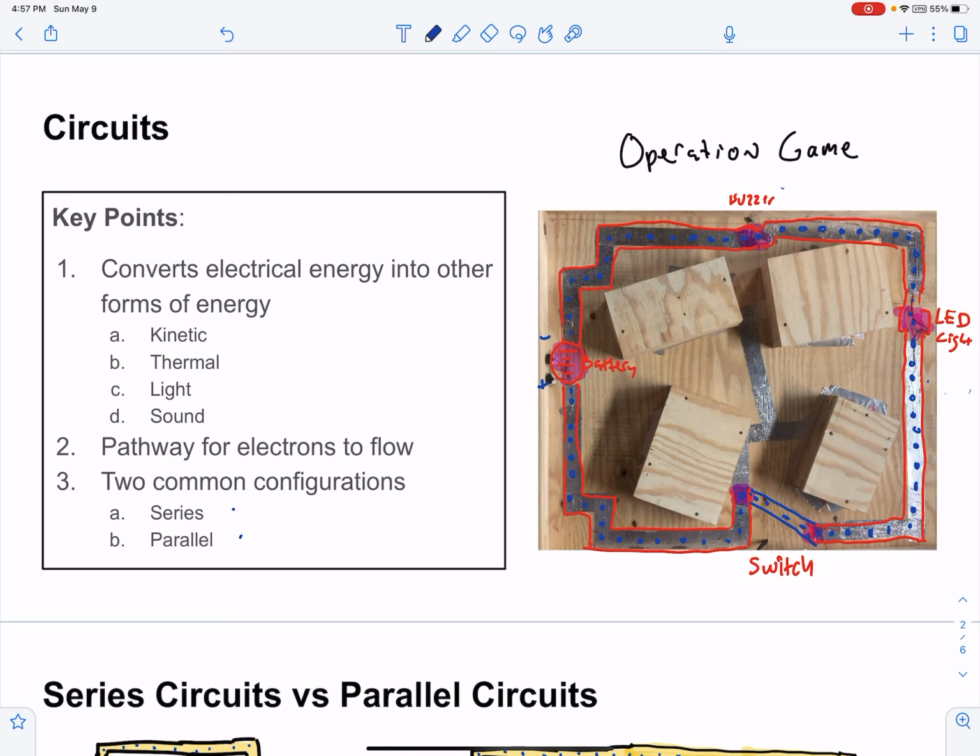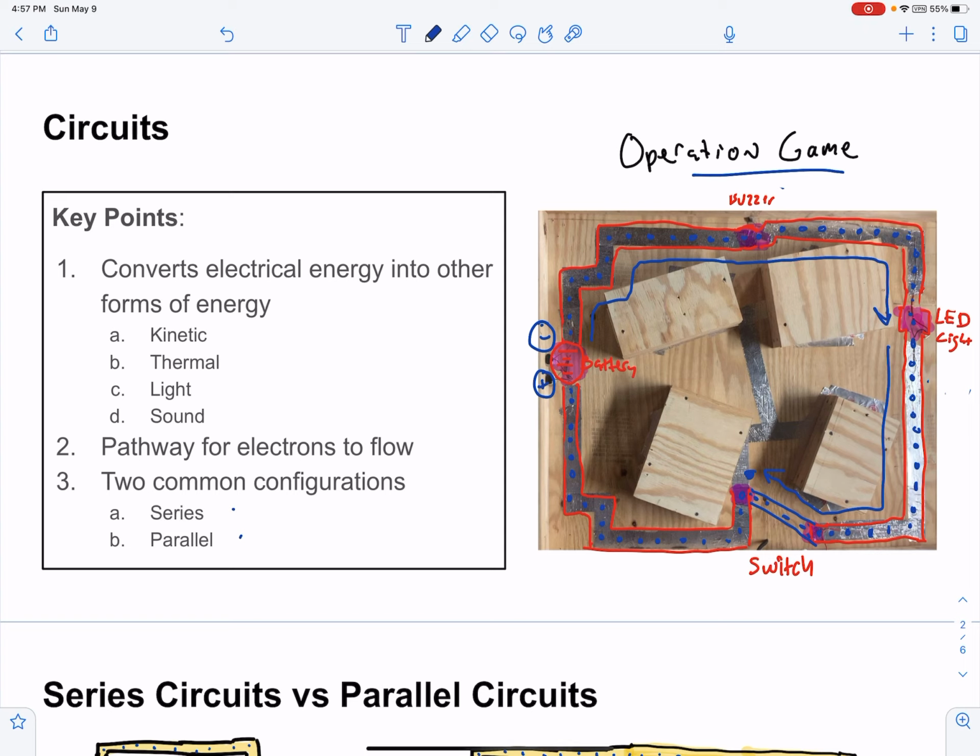All right, and so when we have a complete circuit, say this operation game, and we have touched our tweezers to metal, we've completed the circuit. There's now a path from the negative plate of a battery to the positive plate. Our electrons are going to flow through the circuit, and as they move, they're going to go through different devices.